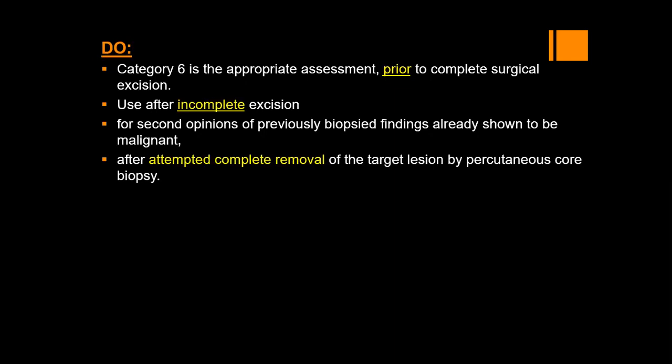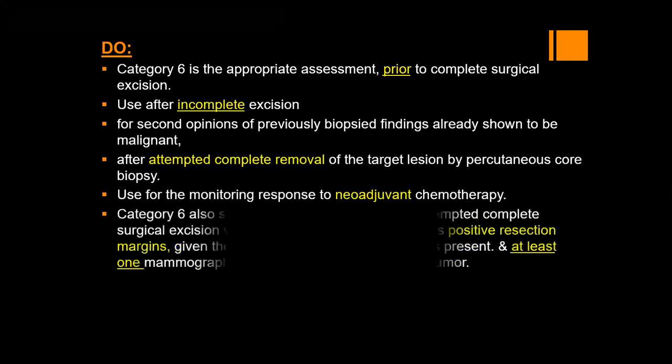If there is an attempt at complete removal of the lesion and then you find imaging findings, it will be BI-RADS 6. For monitoring of neoadjuvant chemotherapy, definitely no complete surgical excision, so it will be BI-RADS 6.